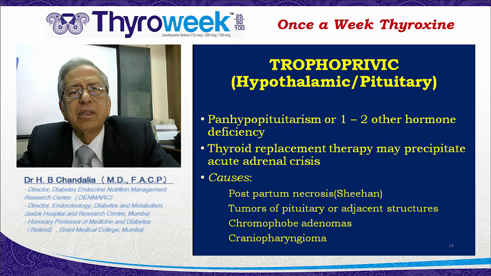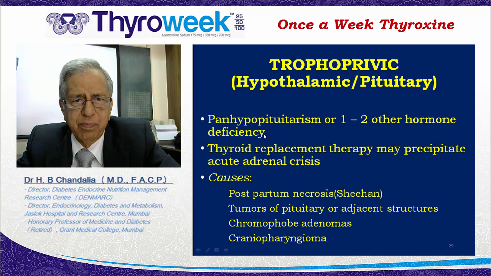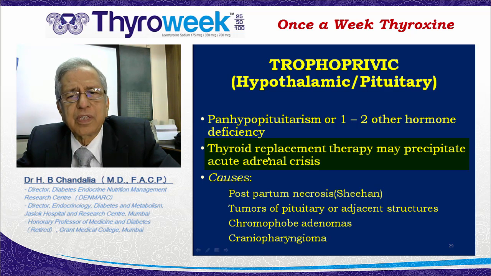When the hypothyroidism occurs because of pituitary disease, the way to suspect it is that there is pan-hypopituitarism. You will find that there is a failure of some other pituitary tropic hormones as well. In this situation, an important point to remember from the therapeutic angle is that if you replace thyroxine without replacing the corticosteroids, you may precipitate an adrenal insufficiency.